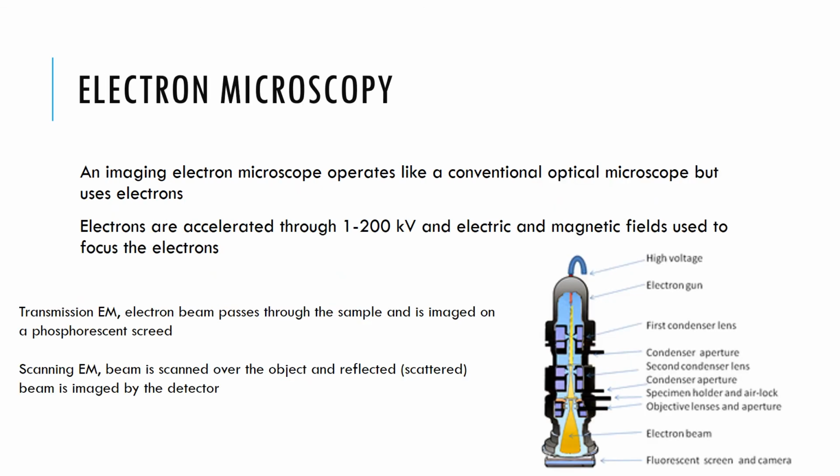Electron microscopy then is also a very powerful tool. It's essentially just a very powerful microscope, and it operates in a very similar way to an optical microscope, but it uses electrons.